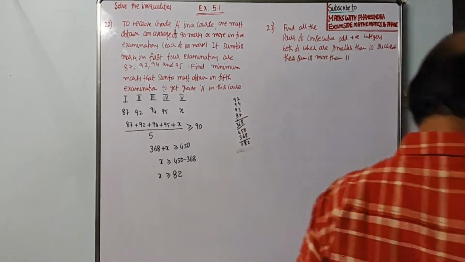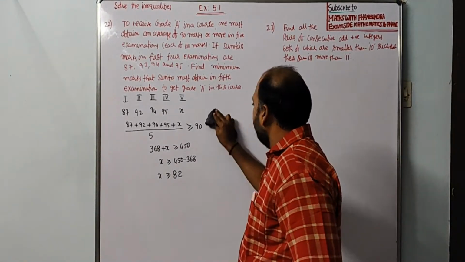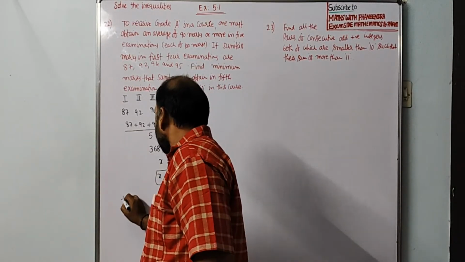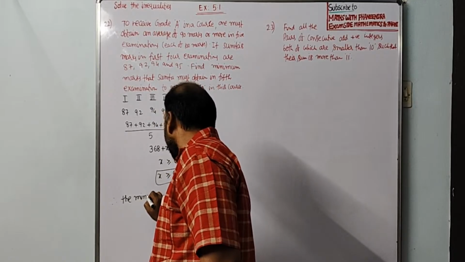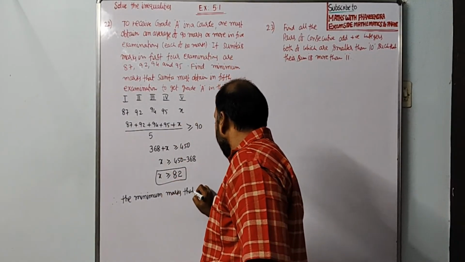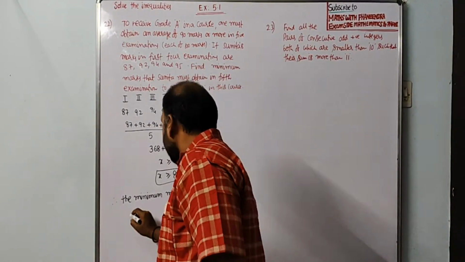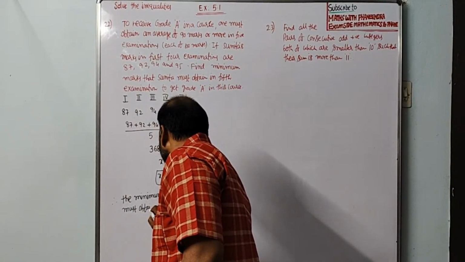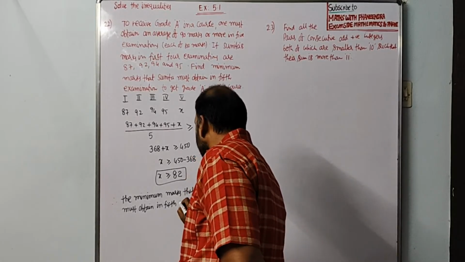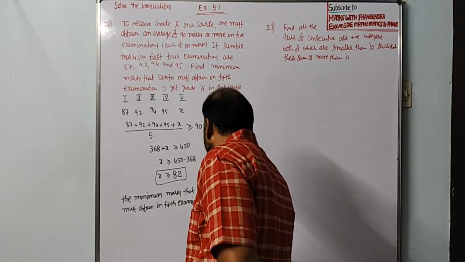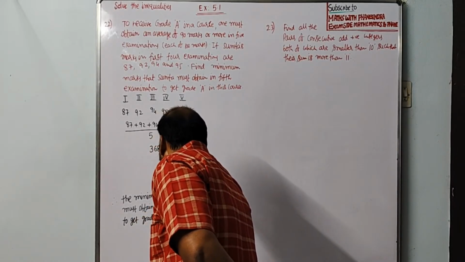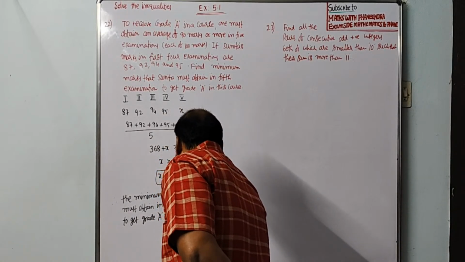Therefore, the minimum marks that Sunita must obtain in the fifth examination to get grade A is 82 marks.